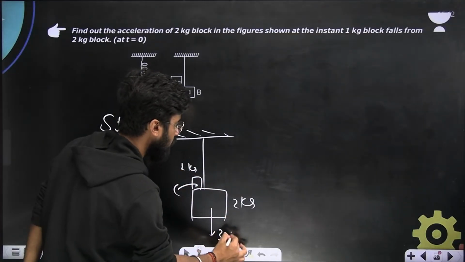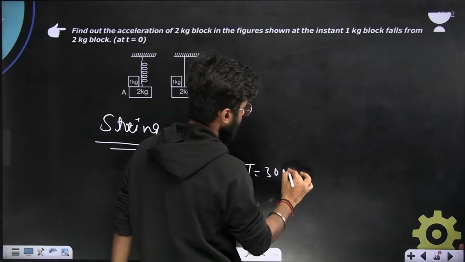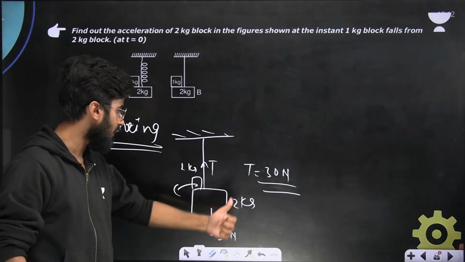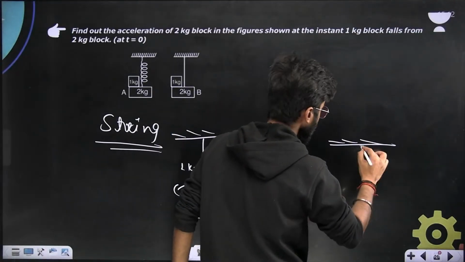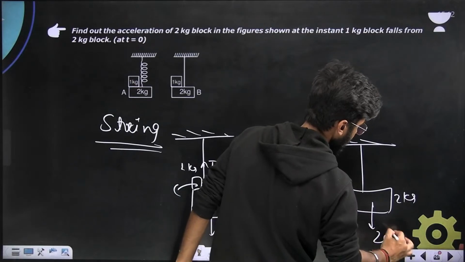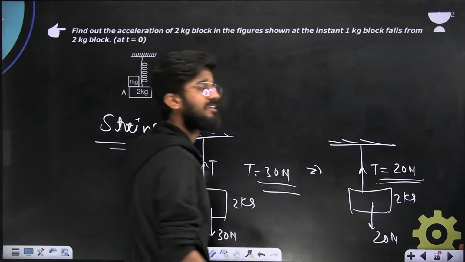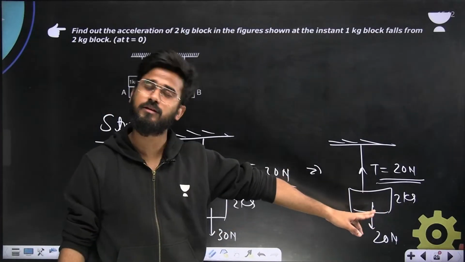There was a 30 Newton force, so the tension was 30 Newton. But as soon as we remove this 1 kg block, this becomes 20, and the tension suddenly becomes 20 Newton. It doesn't take any time to switch from 30 to 20. It suddenly transforms from 30 to 20.